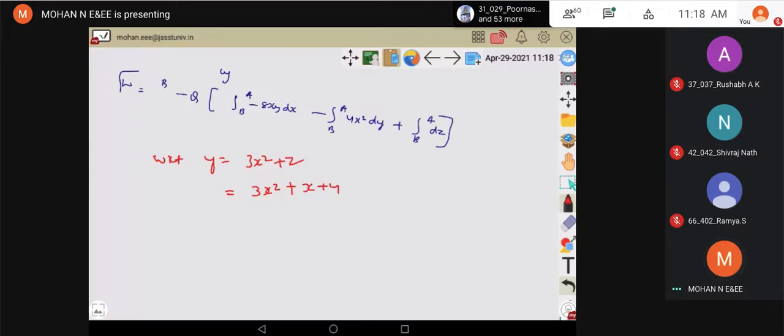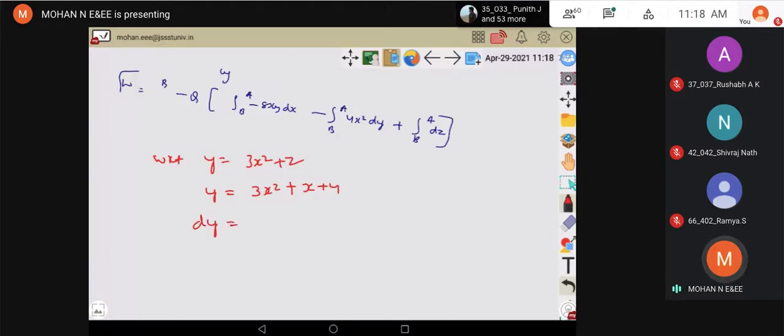So now you can substitute in the above expressions wherever required. Then you can simplify and differentiate this.